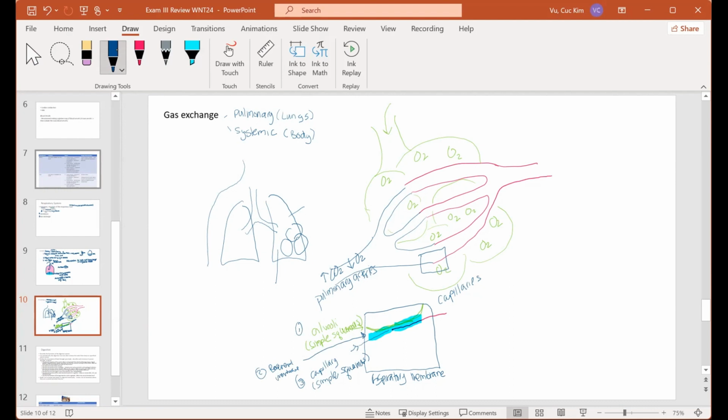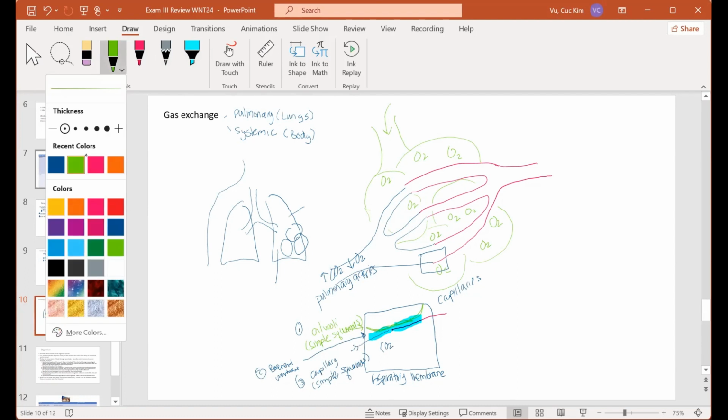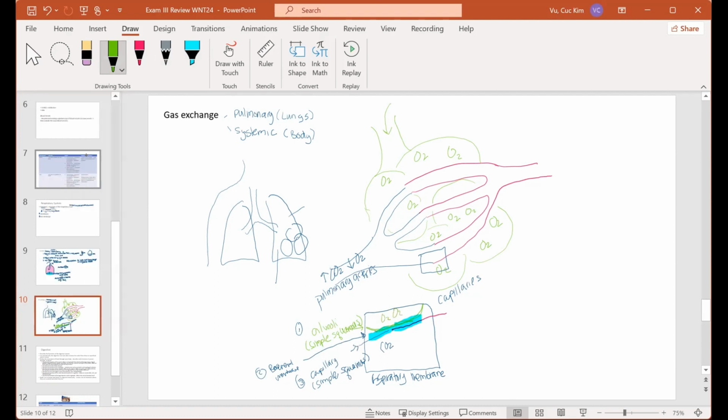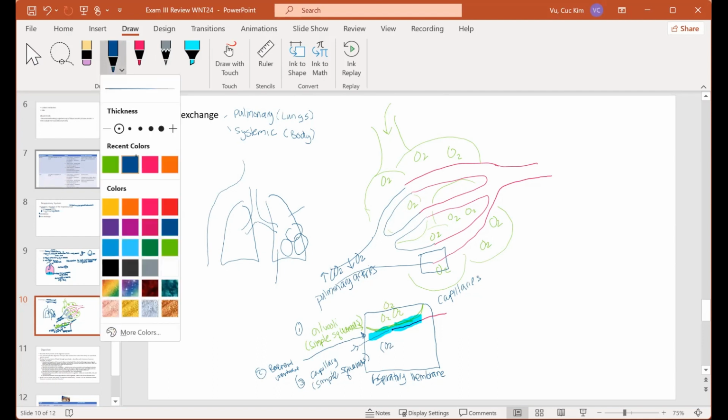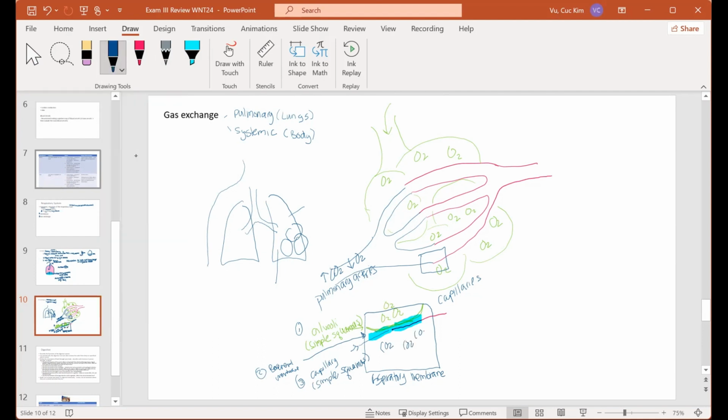Okay. So in the blood vessel, in the capillaries, transitioning from pulmonary arteries to capillaries, you're going to have lots of CO2, where in the alveoli, you're going to have O2. Okay, so you're going to have an exchange happening.